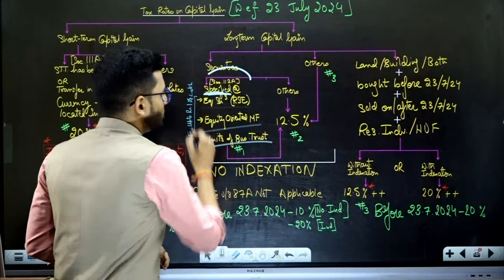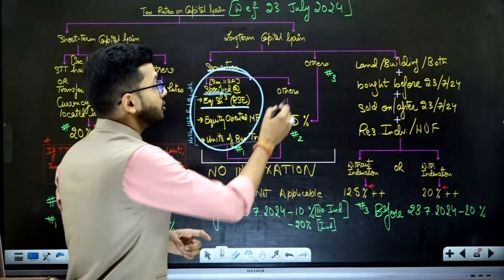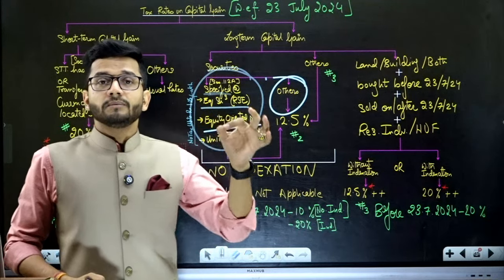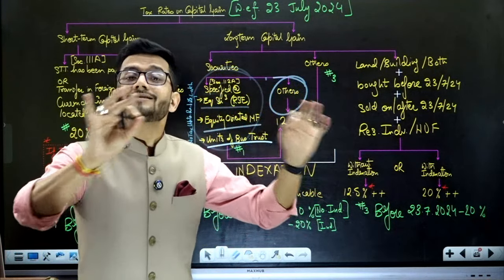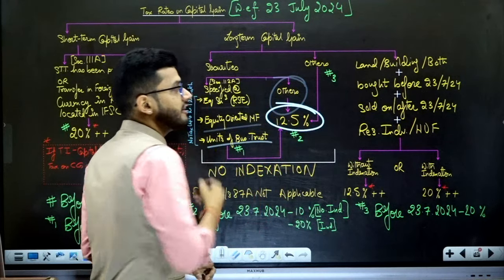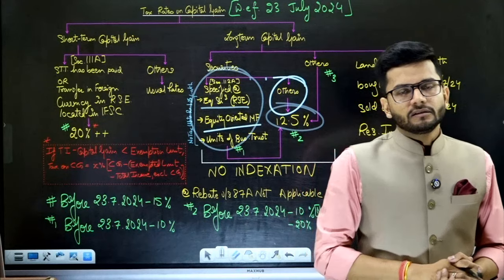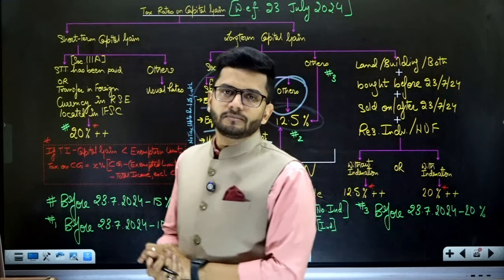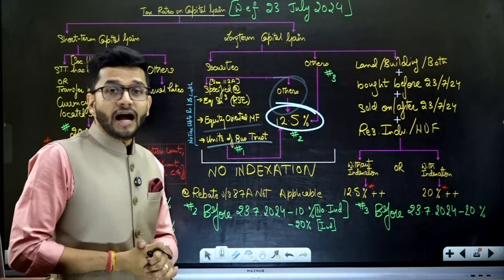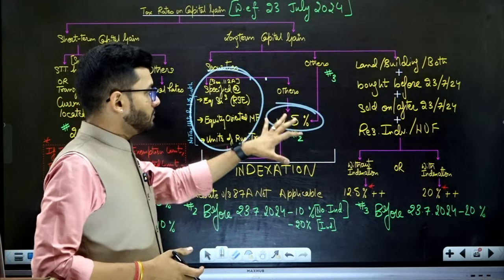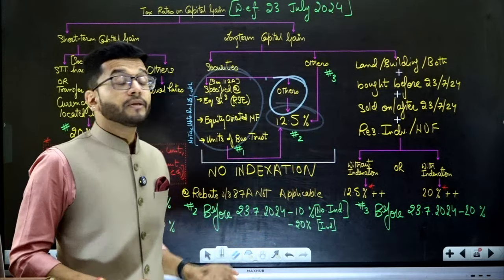Whether it is specified securities or non-specified securities, long-term capital gain will be charged at a constant tax rate of 12.5%. That is the huge amendment which has come in the recent budget, which is applicable for June 25 and December 25 students. Long-term capital gain 12.5%.